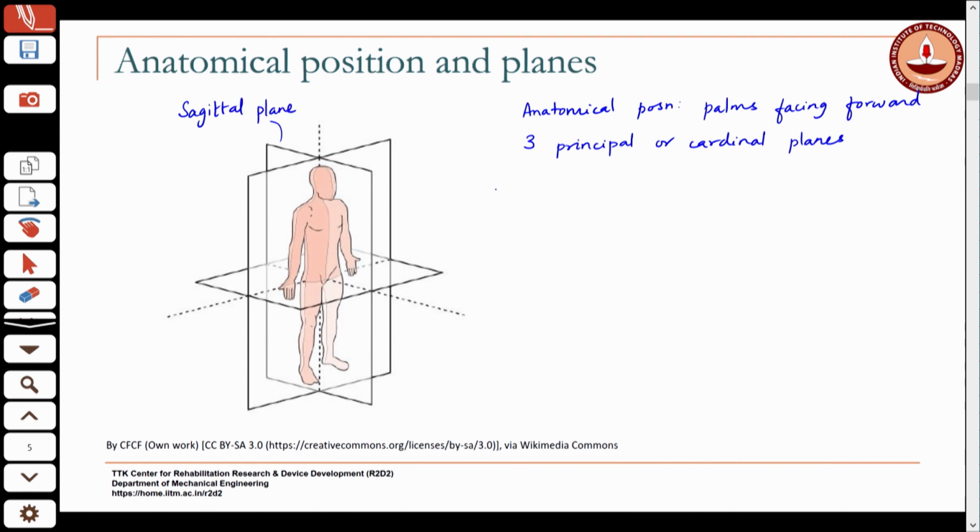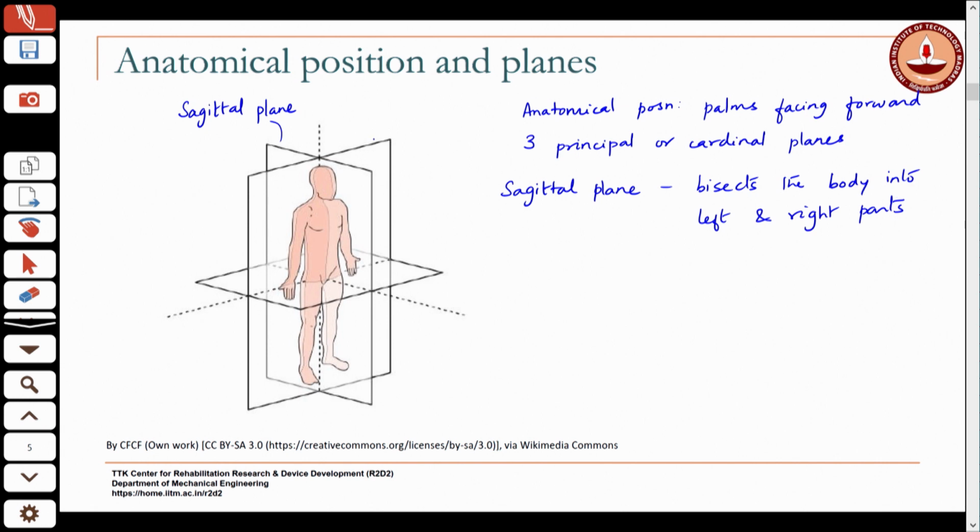So, the sagittal plane bisects the body into left and right parts.